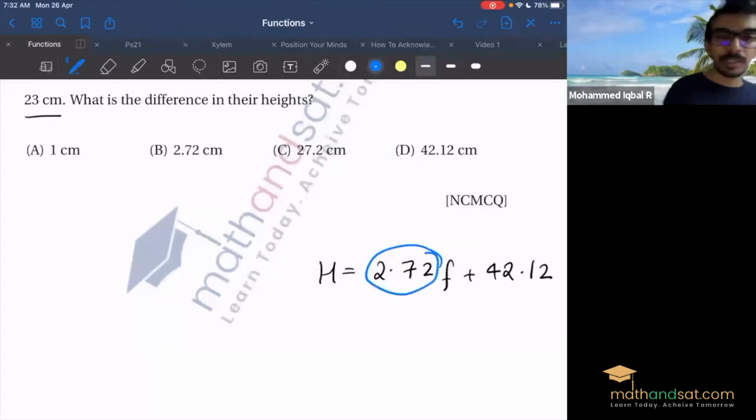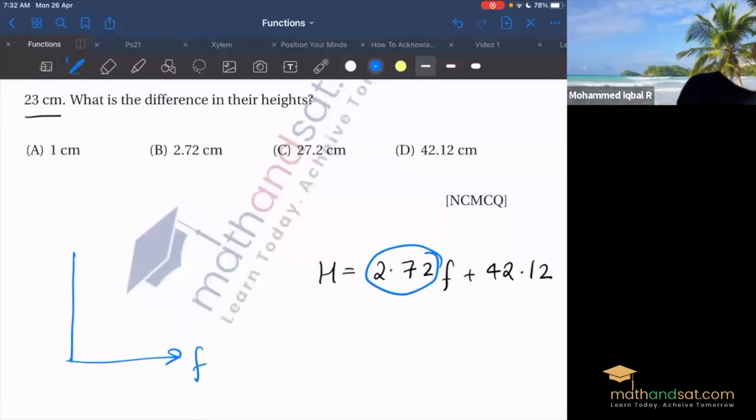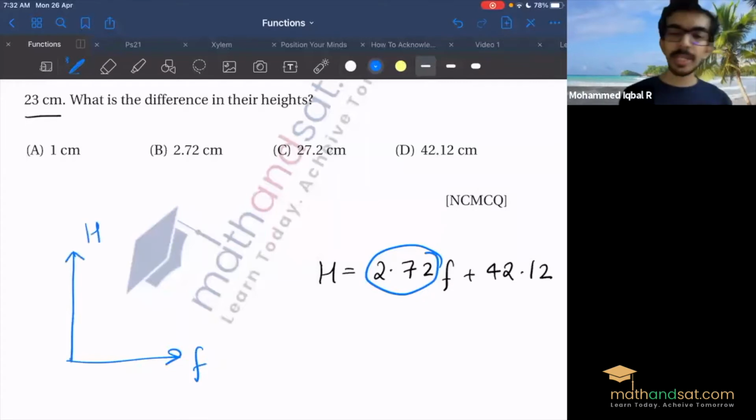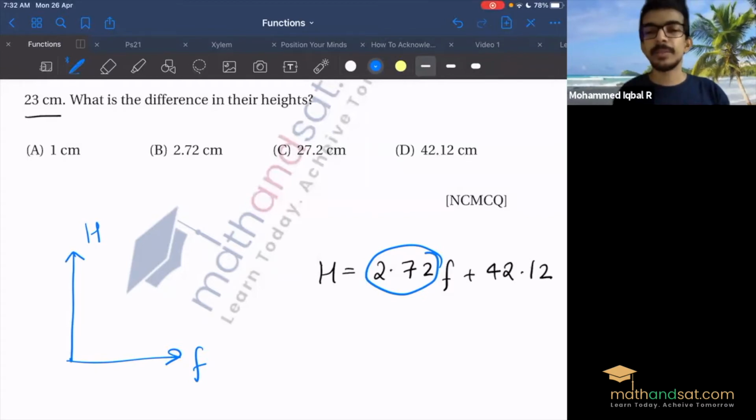If I plot f here and h here, this will be a straight line. And what will 2.72 represent? It will represent the slope of the function.